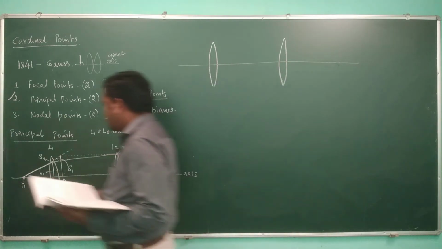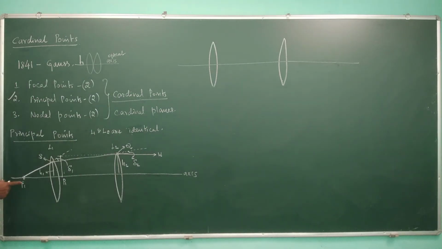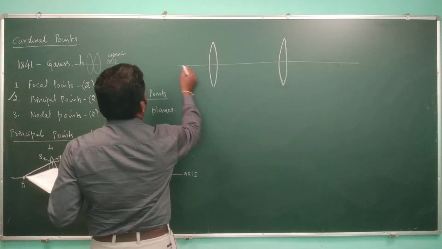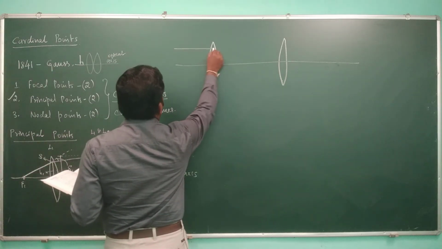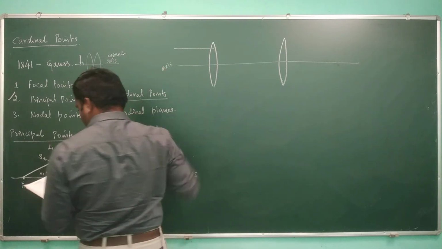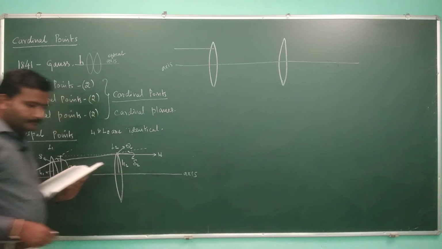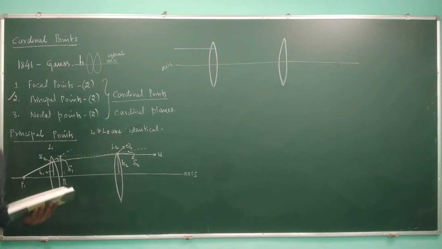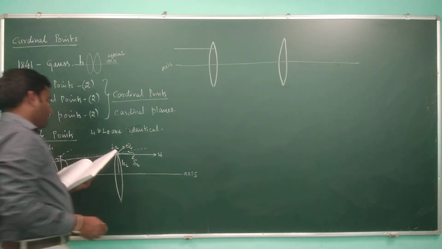Here we have assumed that the light ray, instead of originating from focal point 1, travels parallel to the optical axis.